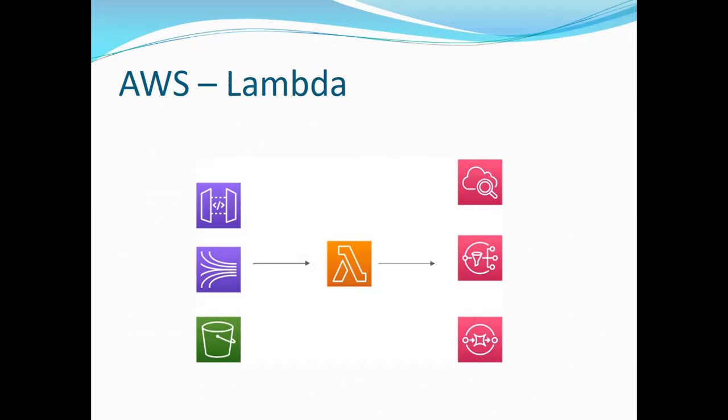So here is a small example I put here. The middle icon is Lambda, which is going to execute. In a few examples as a source, the first one I gave is API Gateway, application programming interface, which can make HTTPS calls with parameters, and it can invoke a Lambda event, and the Lambda can execute whatever code is deployed in the Lambda, process the information and send it to whichever target applications, like this is CloudWatch, this is SNS, Simple Notification Service, and here is Simple Queue Service, SQS.